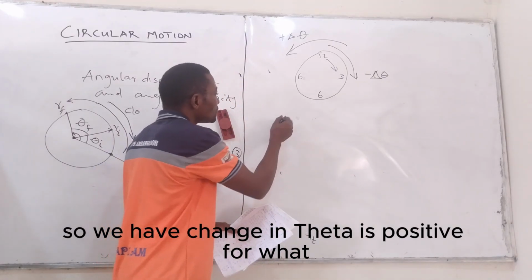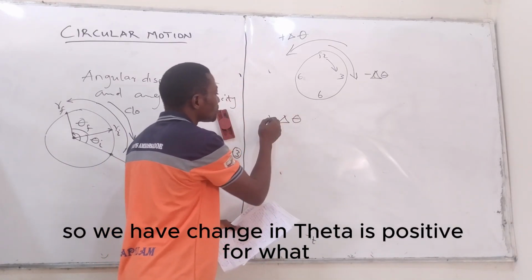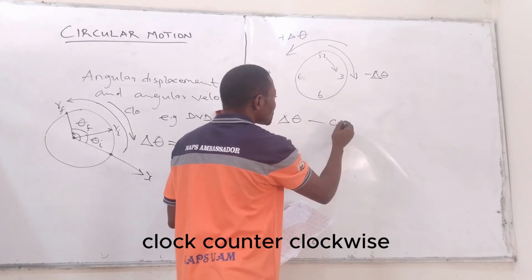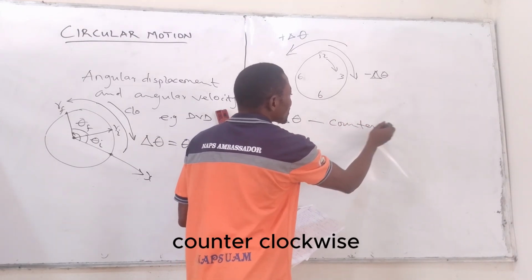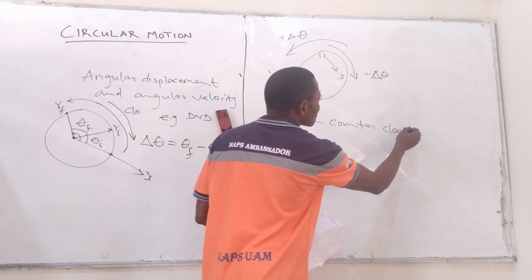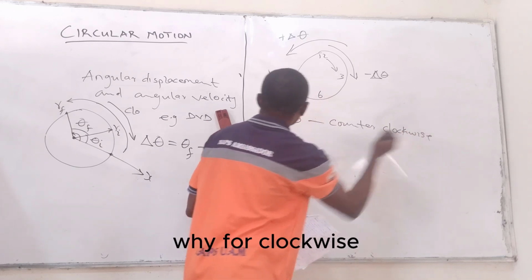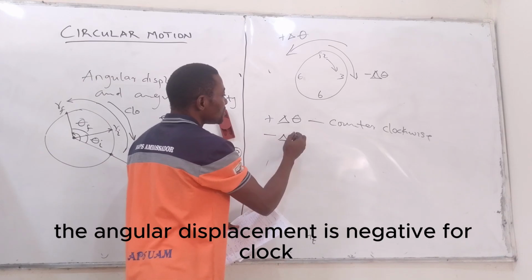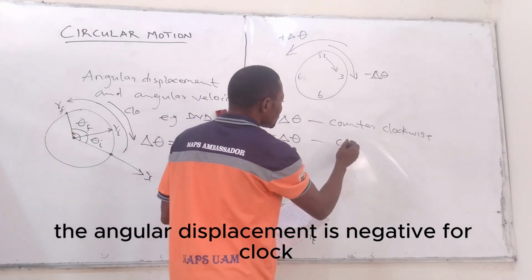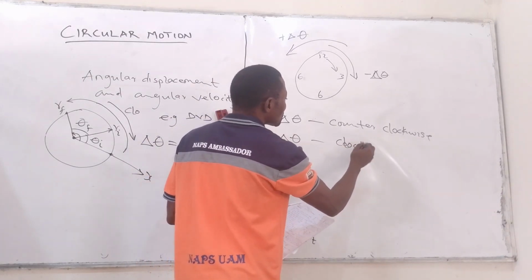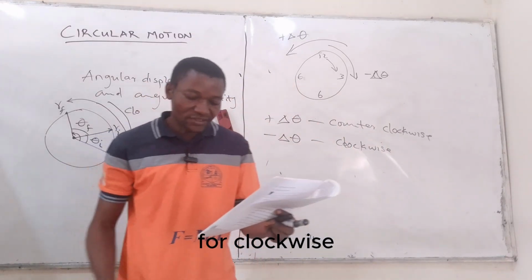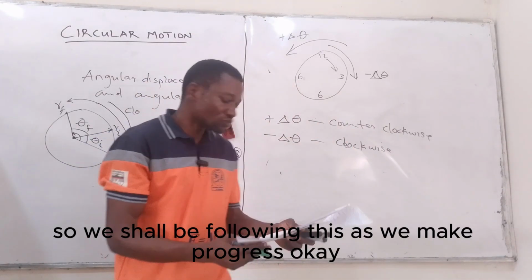Change in theta is positive for counterclockwise, while for clockwise, the angular displacement is negative. So we shall be following this as we make progress.